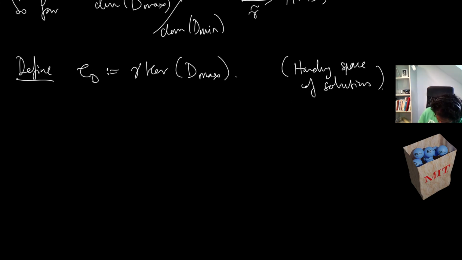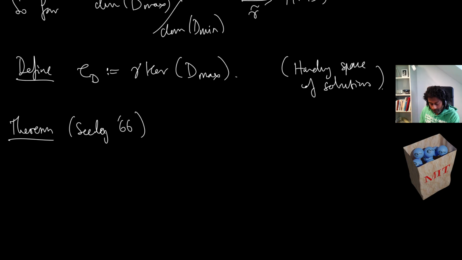But it is a famous theorem. So for instance, Bob Seeley, who made very many contributions, perhaps it was even known earlier than this, right?